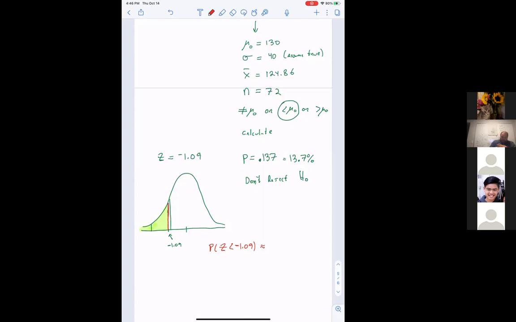The Z-score equation. What's the Z-score equation? I'll give you a hint, by the way. Yes, lower upper on calculator. That's correct. What's your lower on the calculator?